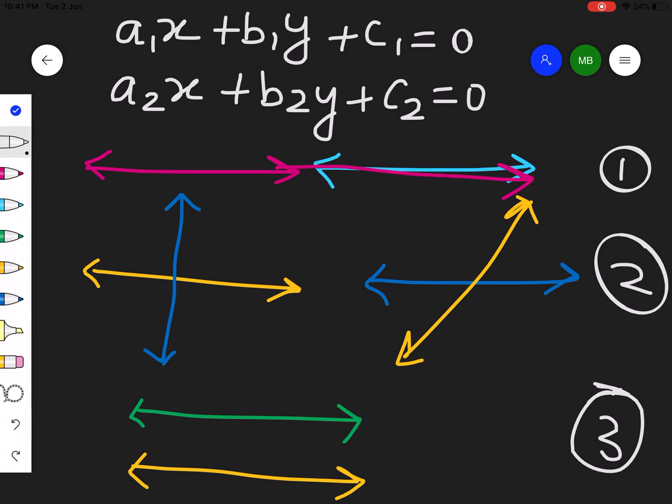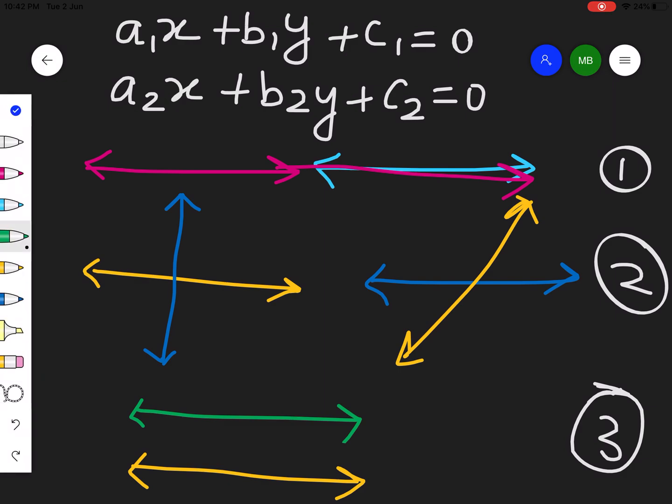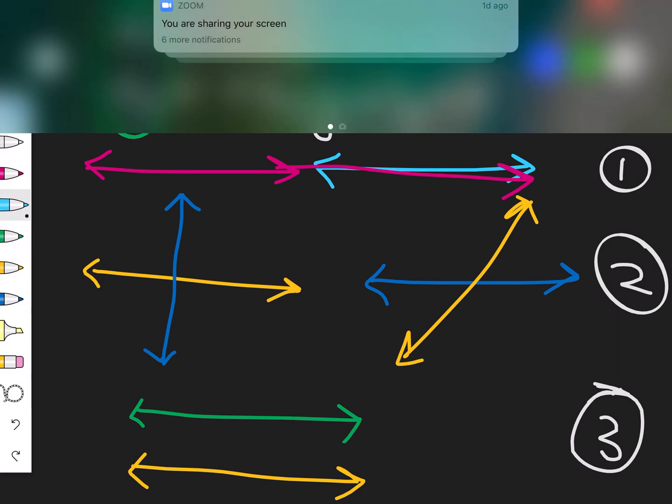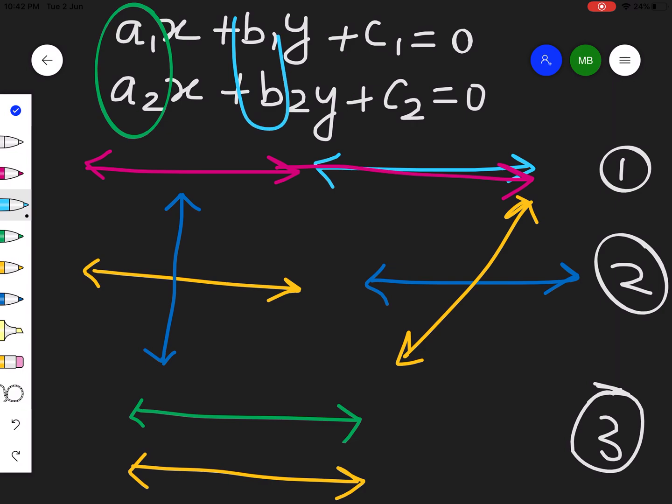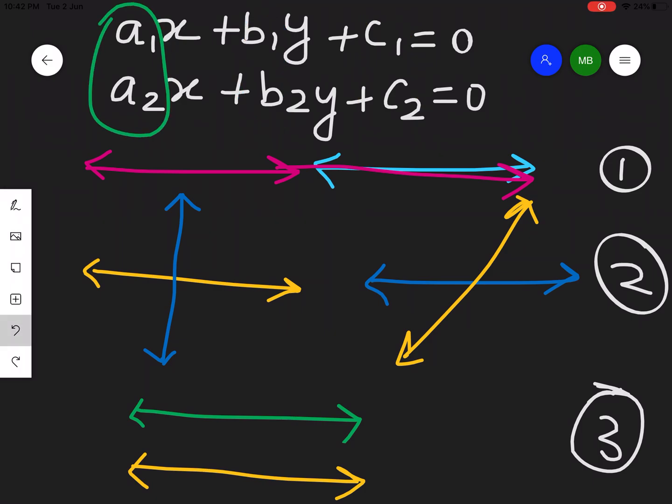The answer is no, not really. We can just have a look at the coefficients and the constant terms, and merely by looking at these we can say what type of graphical representation the given pair of equations will have.